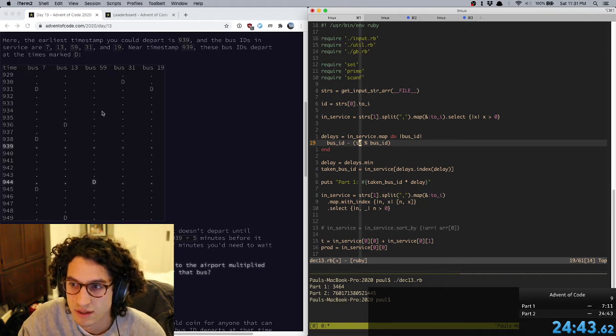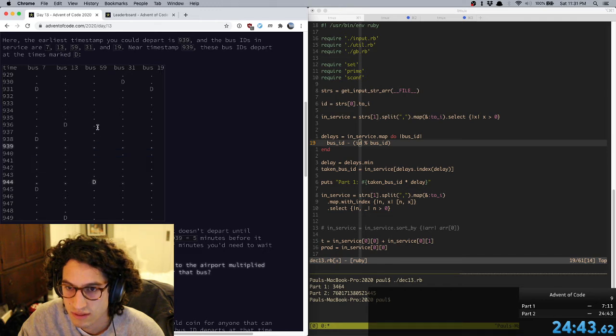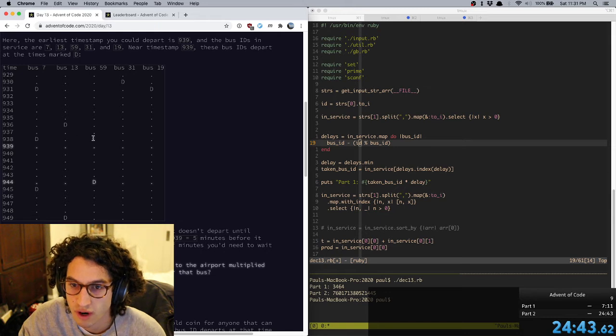Or the ID mod the bus ID gives us like -5. Gives us like 54, I think. Let's do it for 7.